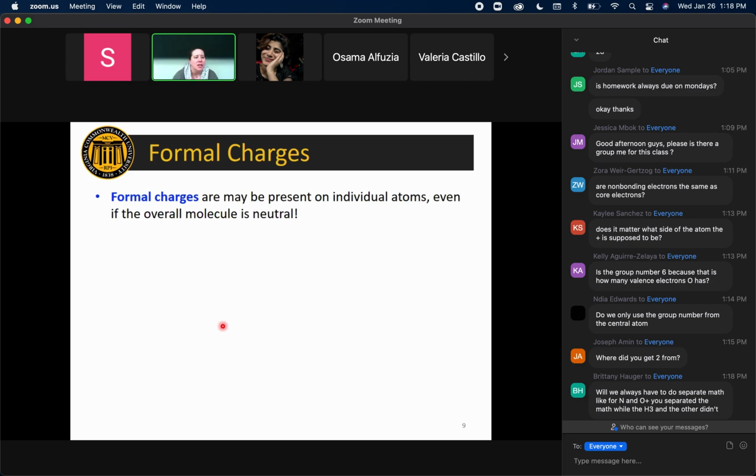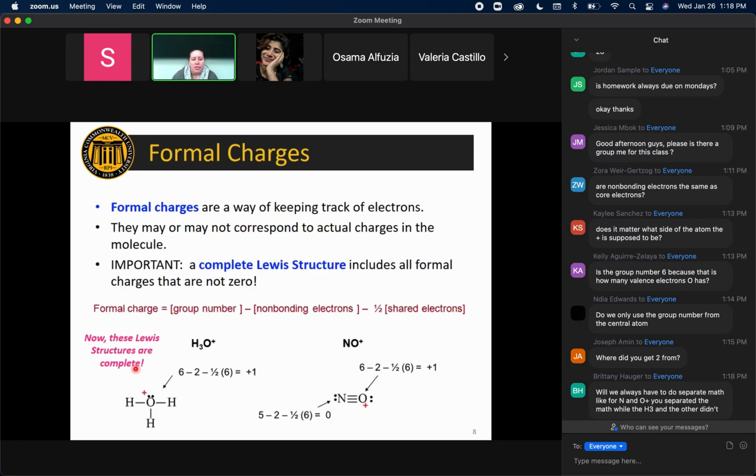All right, someone has asked, we always have to do separate math for N and O, and you separated the math while for the H3 and the other you didn't. Okay, so again, these formal charges are associated with individual atoms. You have to apply the equation for each atom within a molecule. So over here, we went through the equation for oxygen and nitrogen and oxygen, and each of those equations is written out here.